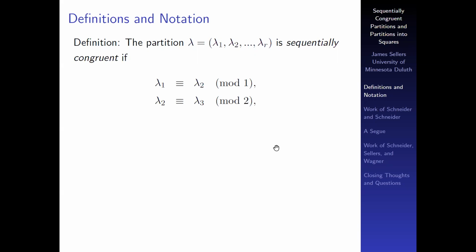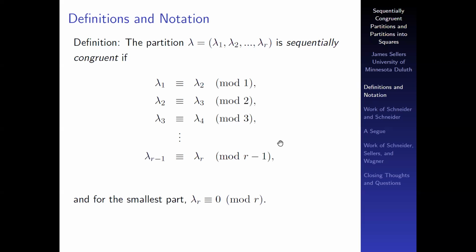Lambda 2 needs to be congruent to lambda 3 mod 2. Lambda 3's got to be congruent to lambda 4 mod 3. In other words, lambda i has to be congruent to lambda i plus 1 mod i for all the i's up to r minus 1. So as we get close to the end of the partition, lambda sub r minus 1 is congruent to lambda r mod r minus 1.